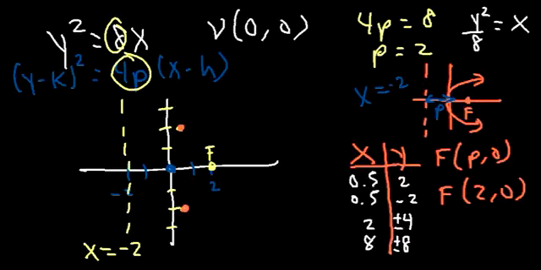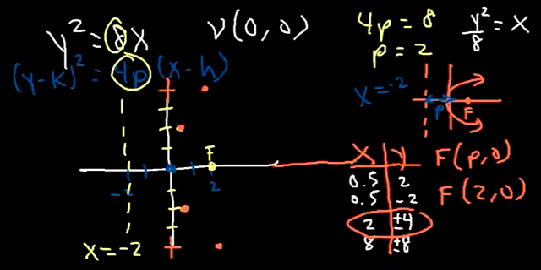You want to choose points where you can get whole numbers, which 4 was the best example. When y is 4, x is 2. So that means it's over here. That's (2, 4) and (2, negative 4). So we have a very wide graph.